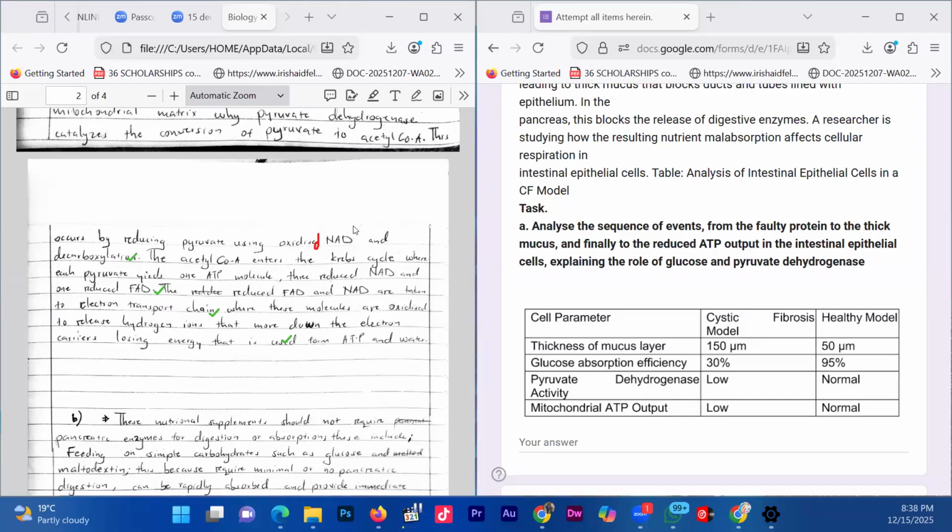So in case sperms have been blocked, it means that their accessibility to the reproductive structure of a female will be limited, and therefore there'll be no chances of fertilization, hence infertility.